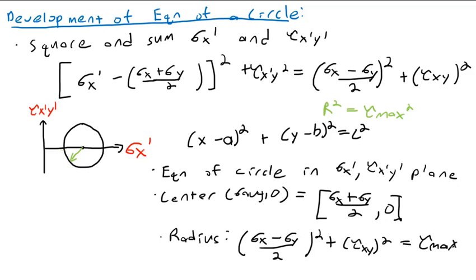So in other words, the maximum shear stress gives us the radius of this circle. Got that? Okay, good.